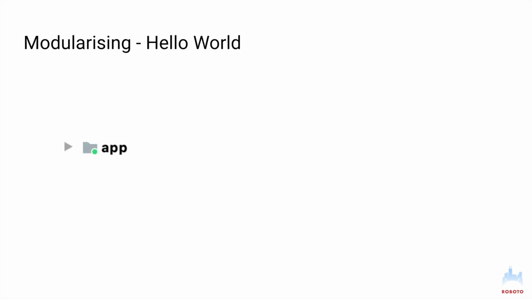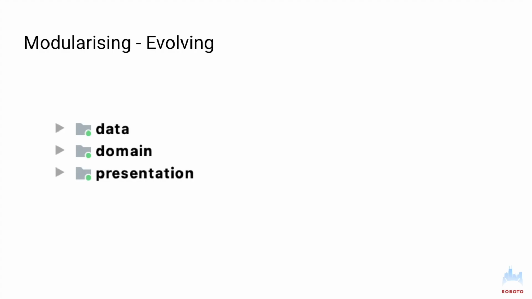Now let's see how this translates into Android. This is our hello world. That's when we start our app on Android Studio, and we have an initial app folder where we start introducing all our code. The first evolution of this would be what you see here on the screen now.